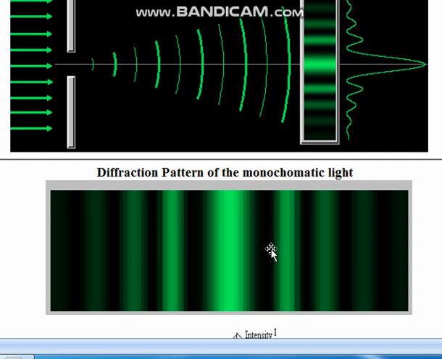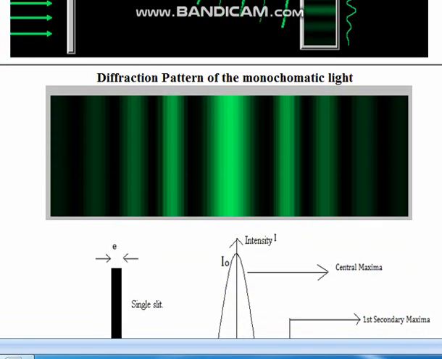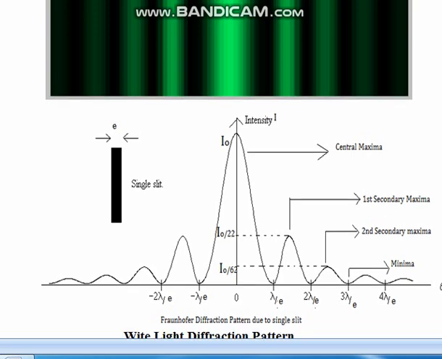Due to the presence of some amount of light at the dark band, there is always some contrast problem between the bright band and dark band, and that's why the boundary between bright and dark is not well defined here. This is another very important feature of single slit diffraction. Now this is the intensity versus theta graph.